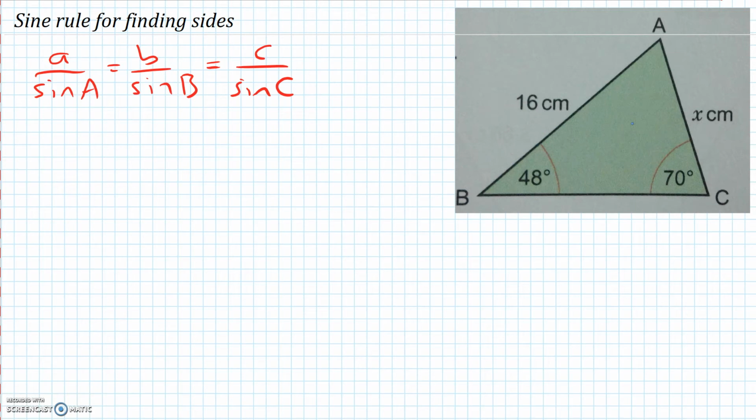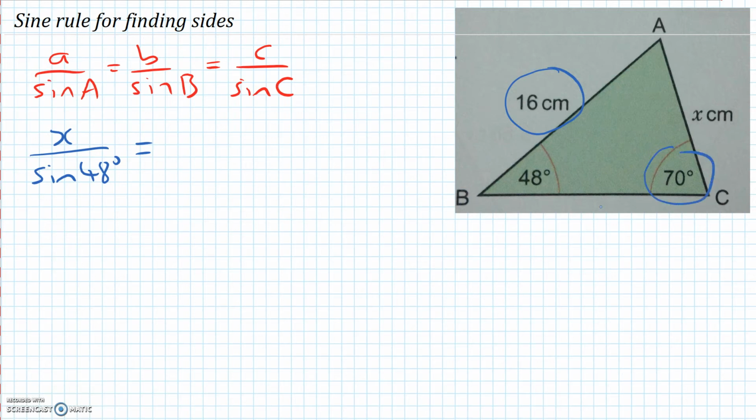So we can write the b, which is x, divided by the sine of B, which is the sine of 48, is equal to. Now we need to look for the pair of values where we've got a length and an angle.